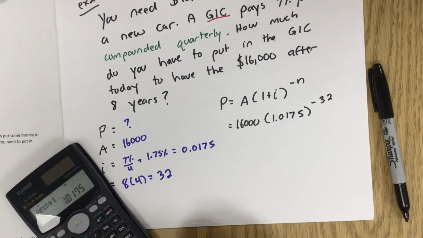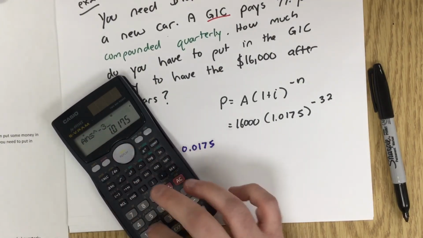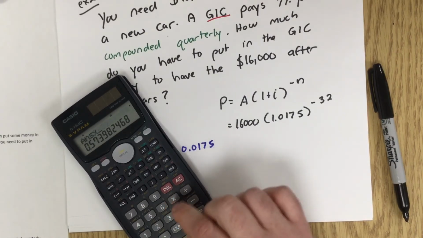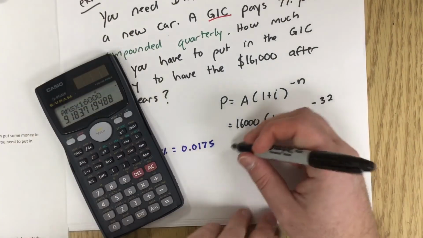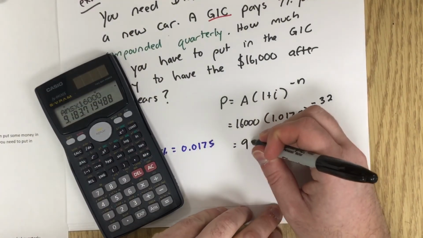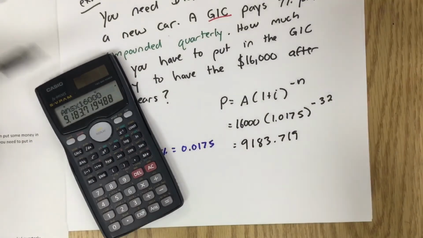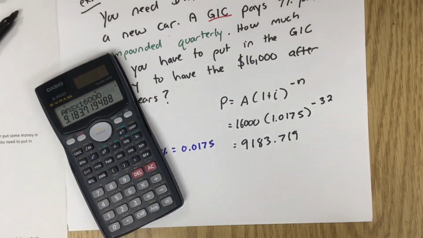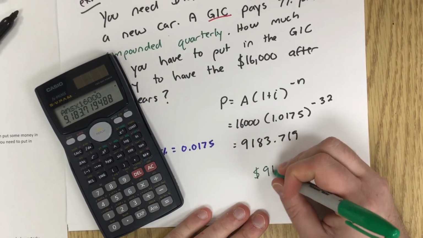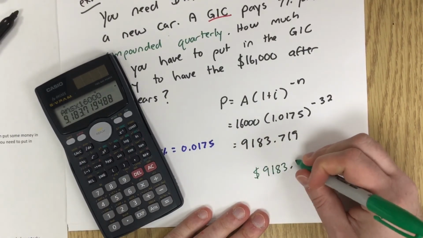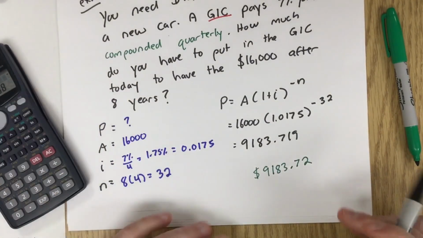So 1.0175 to the power of negative 32 times 16,000 is 9183.719, so we'll need $9,183.72 today to get the $16,000 8 years from now.